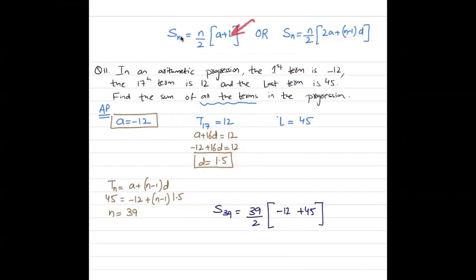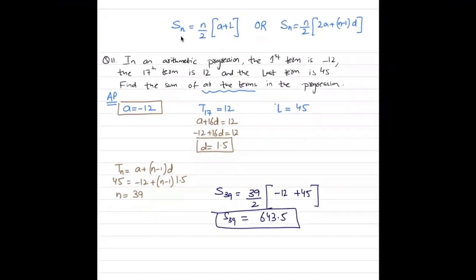Sometimes when we don't have the last term, we are always going to go for this formula. Now, for now, just calculate this. What is the sum of 39 terms? 643.5. That's correct. So that is the sum of the first 39 terms.